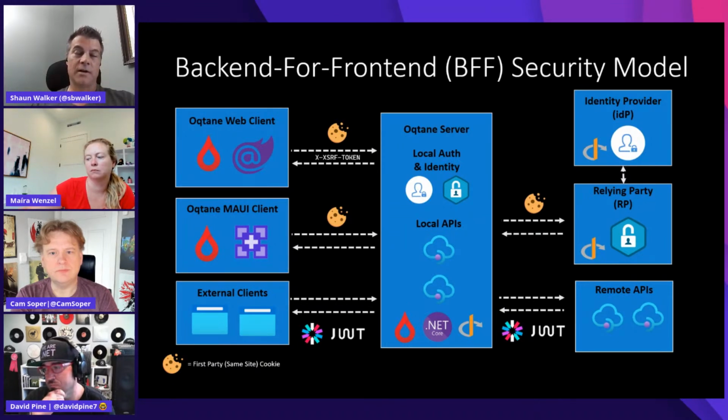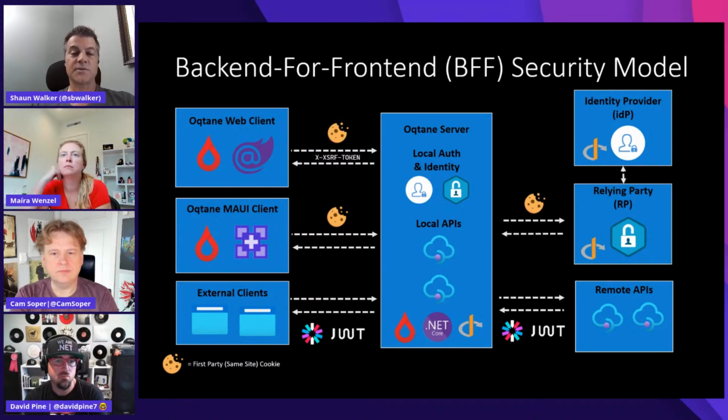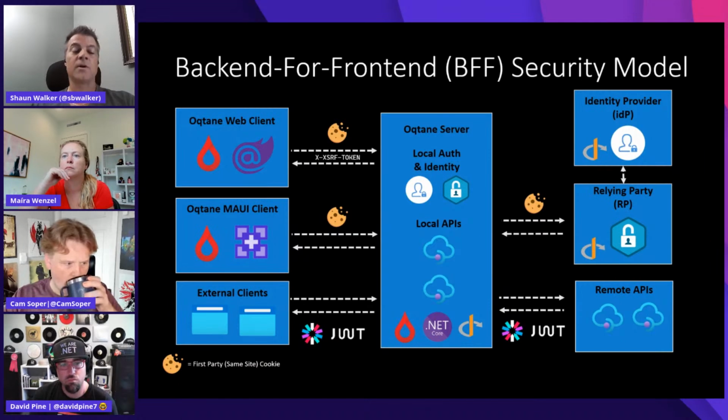Oqtane, rather than only providing support for remote identity providers, also always had a local auth story and used the .NET identity APIs for that. However, it had to wrap those APIs so that they were available in a client server way, and also enhance them so that they were multi-tenant aware.